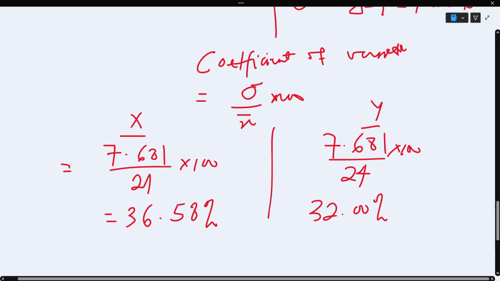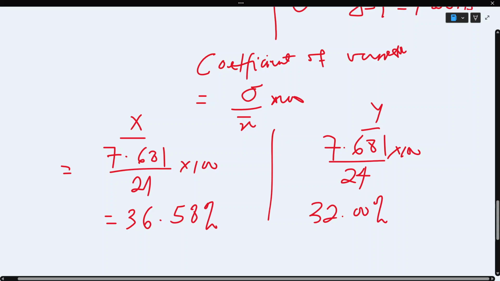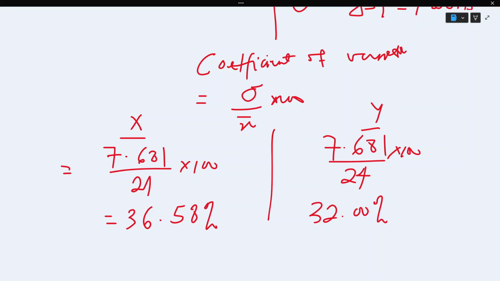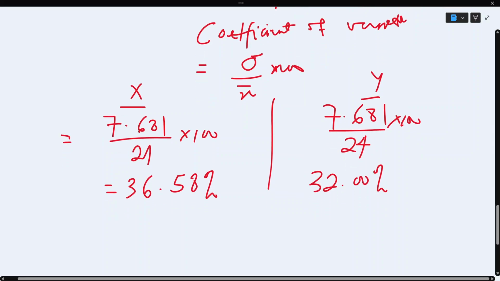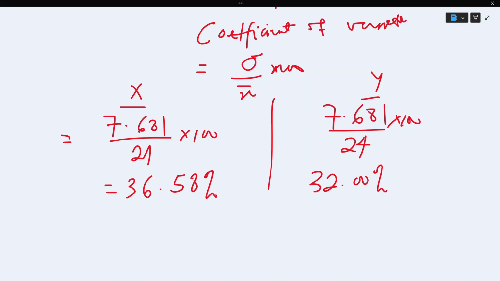The coefficient of variation measures the risk per return. Stock X has a risk per return of 36.58%, and stock Y, 32%, meaning that the risk per return on stock X is higher than that of stock Y. So management should choose the one with the lowest risk per return. So management should invest in stock Y.